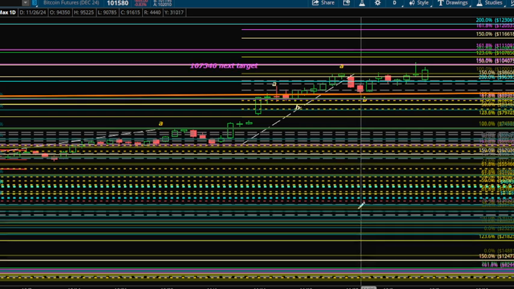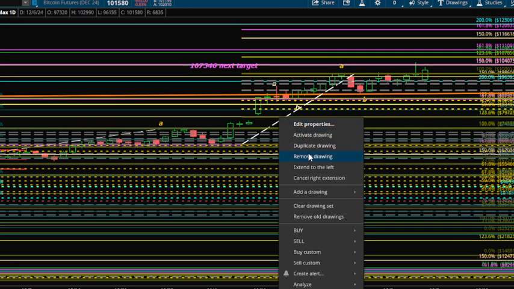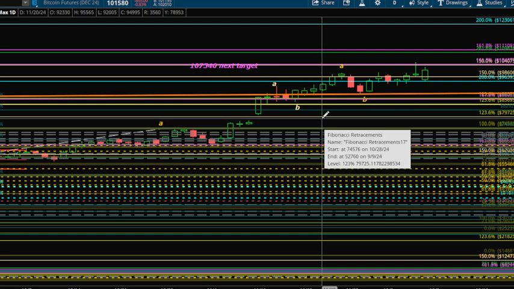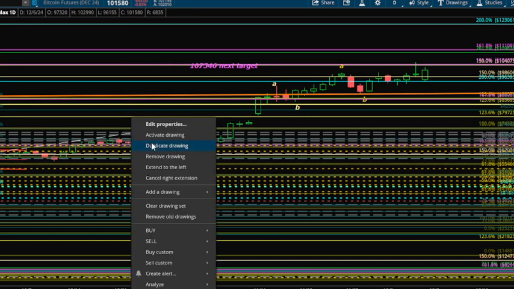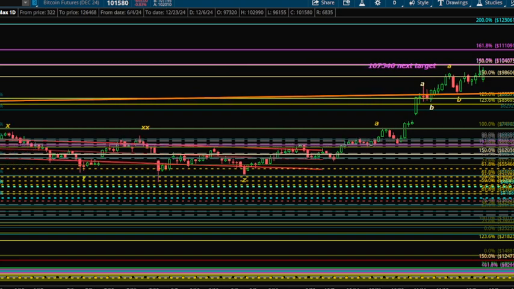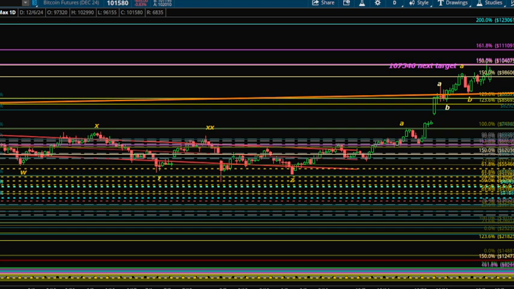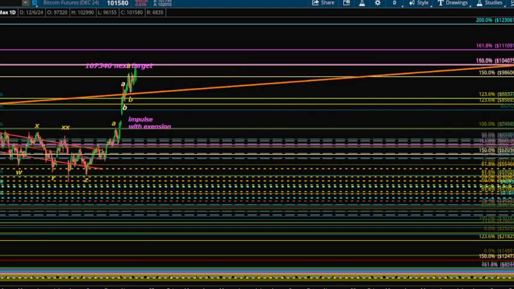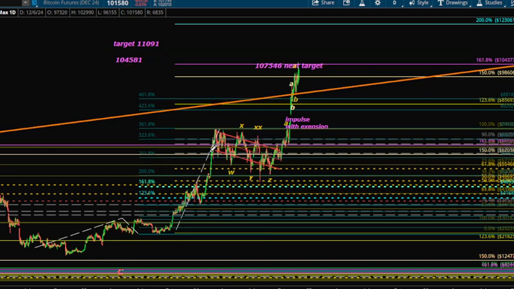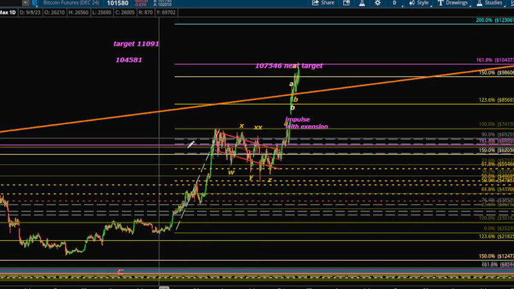Okay, so let's clean up some of these last fibs here, because now you know how to measure in three ways. Trying to clean this up real quick. See, we don't need that one. We don't need this one now.